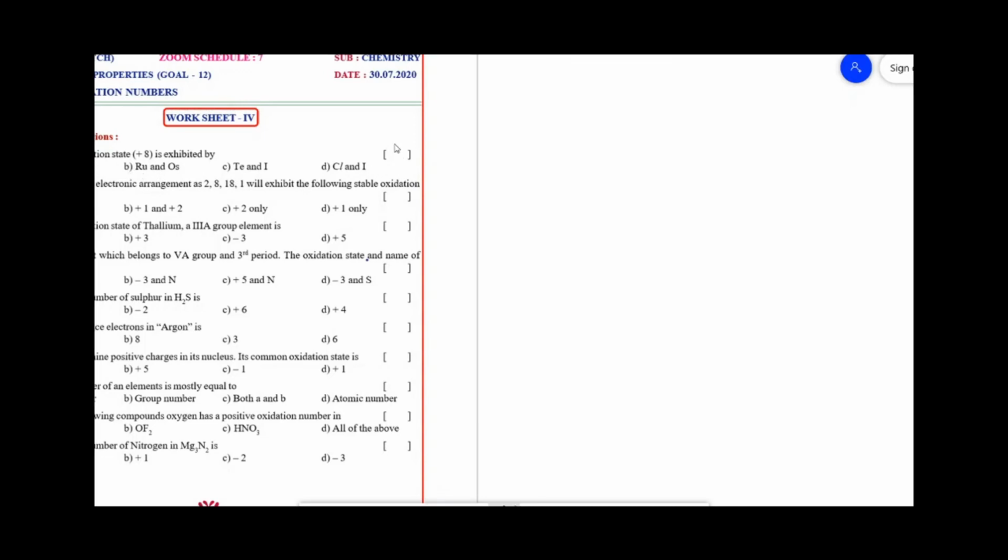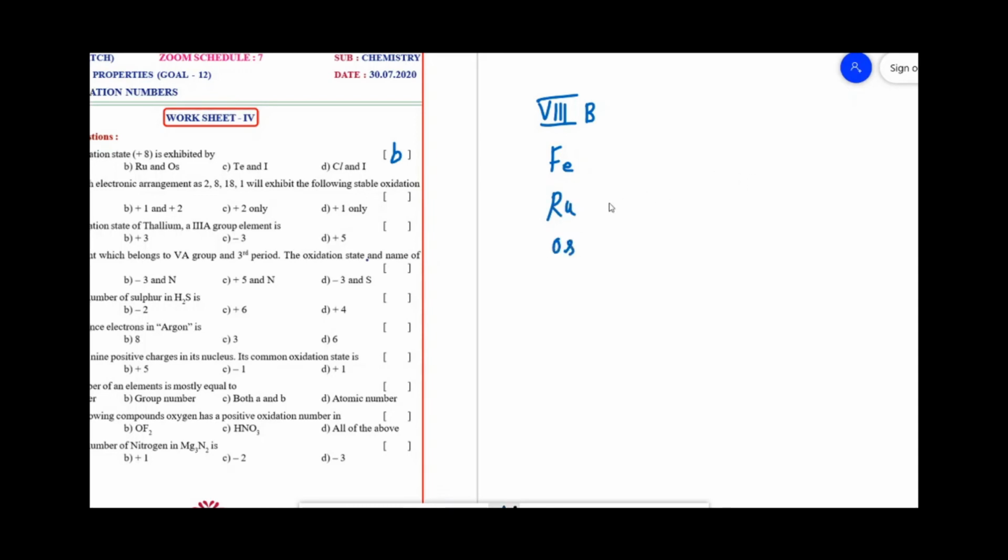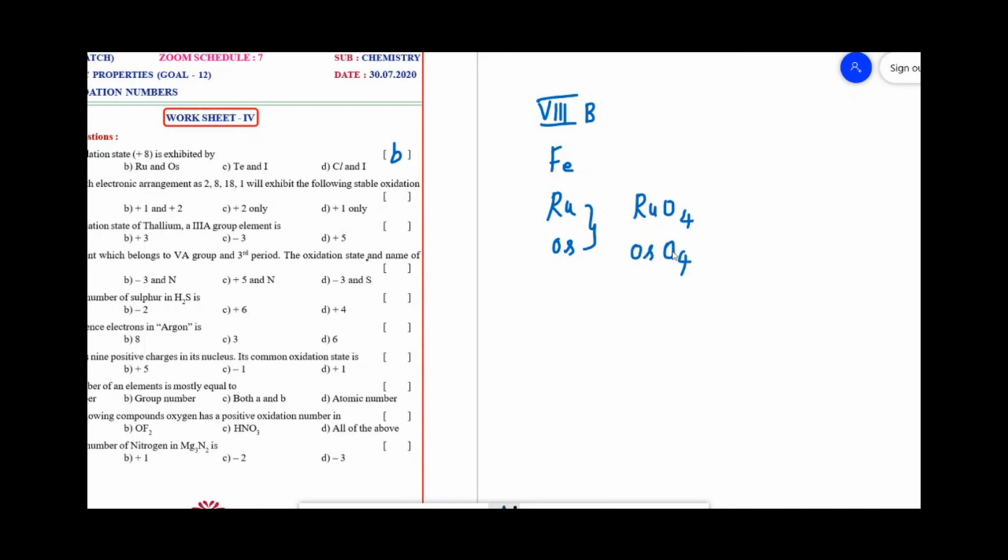So the answer is B. Osmium and ruthenium belong to 8B, and they are present below iron: iron, ruthenium, and osmium. These two form tetraoxides with the formula RuO4 and OsO4. In these two examples, they show the highest oxidation state. So the answer is B.